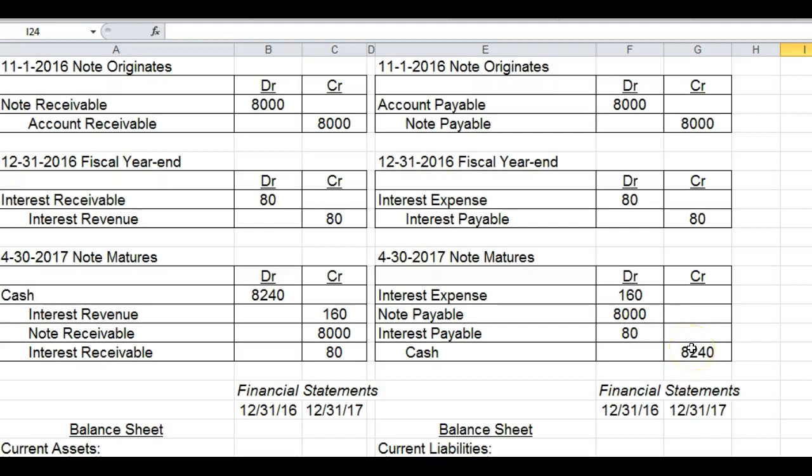At the end of the life of the note, we owe principal of $8,000 and $240 for interest. And also, at the end of the life of the note, in 2017, 4 months went by. 4 months of interest cost is $160.